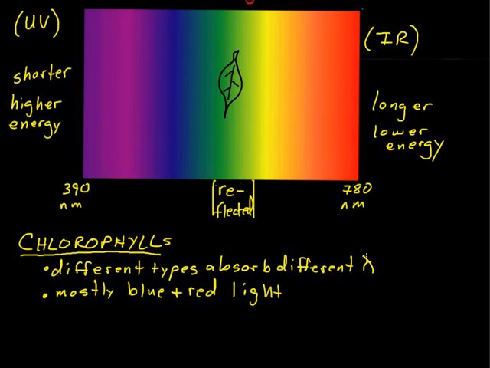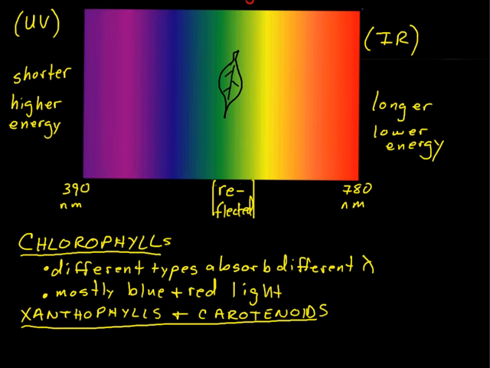There are additional pigments, however, and they're referred to as xanthophylls and carotenoids. Making a little heading here.